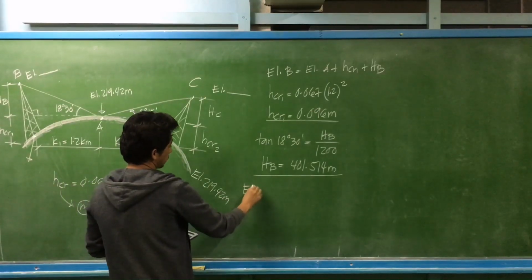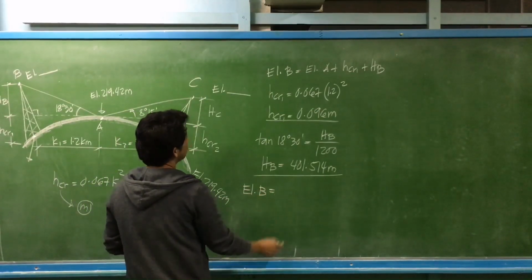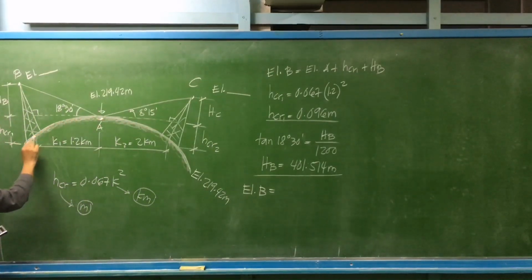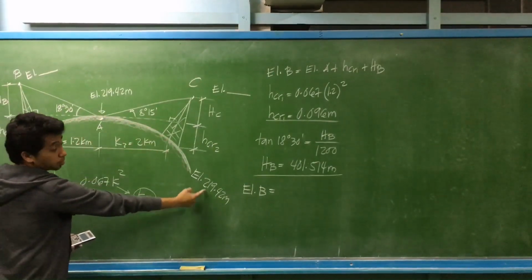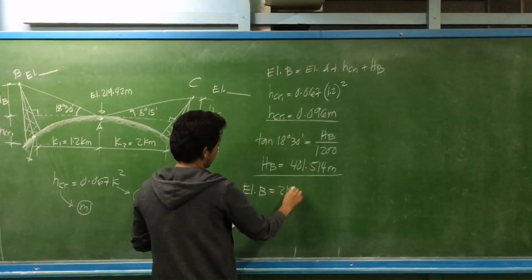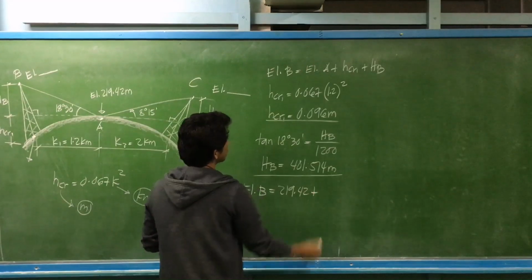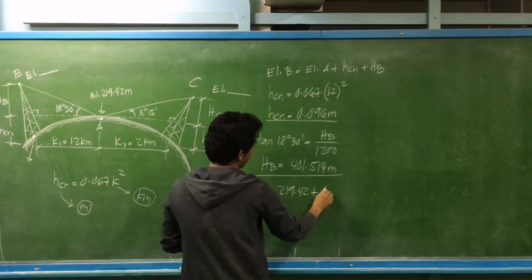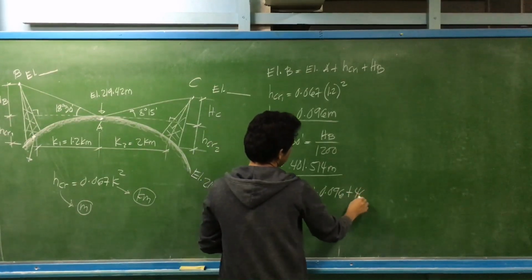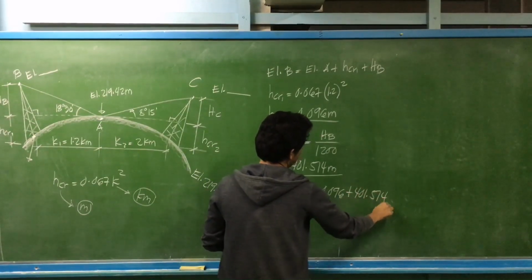Okay? So, mawala natin yung elevation ni B. This is the elevation of point B will be equal to, ano yung elevation ni A? So sabi ko, kung susundan natin yung surface na to, ang elevation nito is 219.42, plus h sub CR1, 0.096, plus height ni B, 401.514.